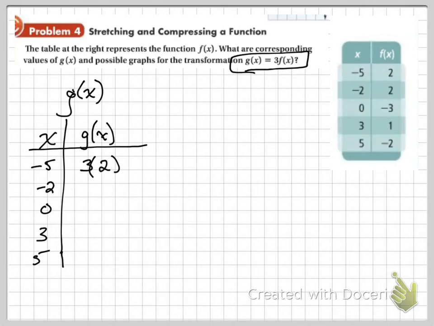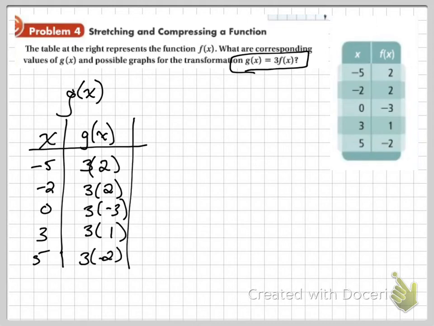So 3 times 2, 3 times 2, 3 times negative 3, 3 times 1, and 3 times negative 2. So then I'm going to end up with 6, 6, negative 9, 3, negative 6. That would be my values for g of x. And you can plot this on the graph.